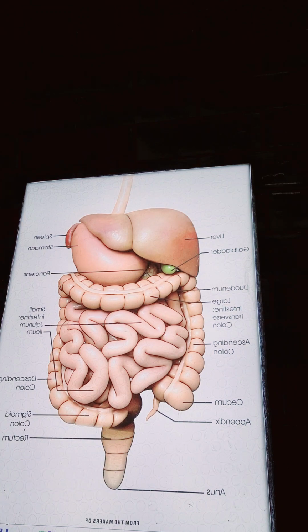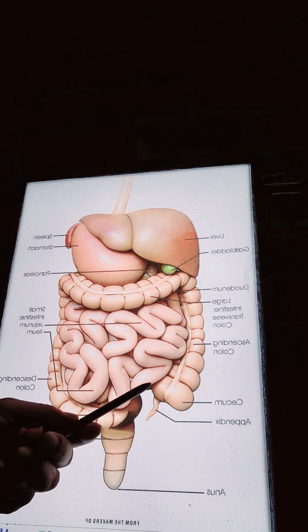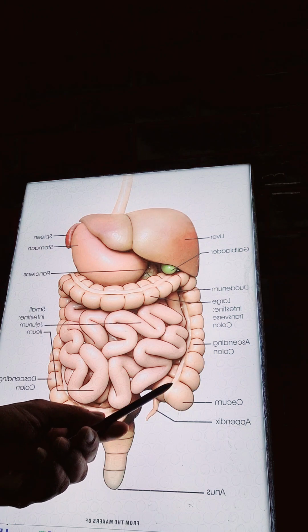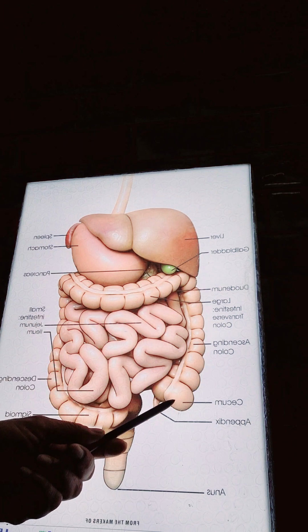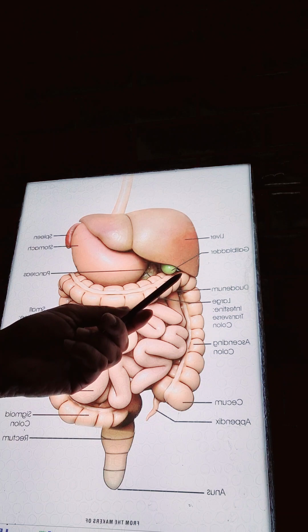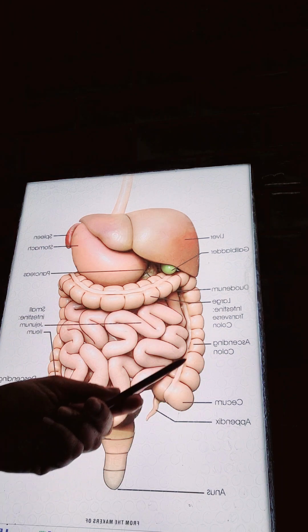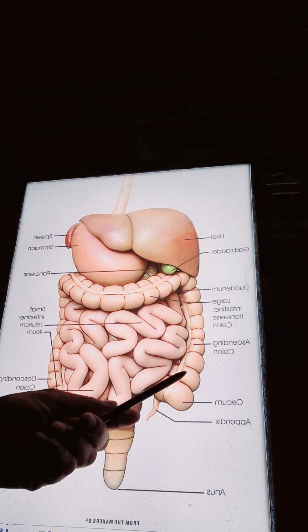Now this particular disorder, which is known as acute non-toxic megacolon, is also known as Ogilvie's syndrome. In this disorder, what happens? This part of the colon from the cecum up to this end, that is the hepatic flexure of the colon, gets dilated.